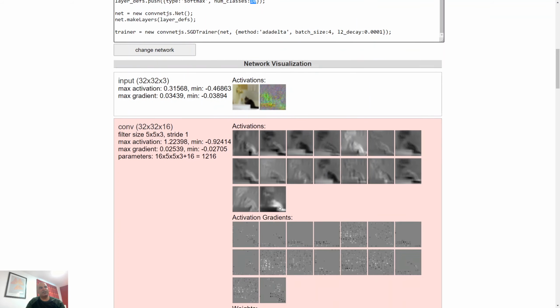If you go a bit lower, you can also see different types of activations at different layers, and you can observe the output of each of those pooling and convolution blocks for your input image.